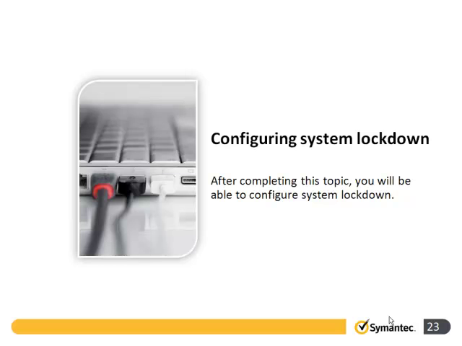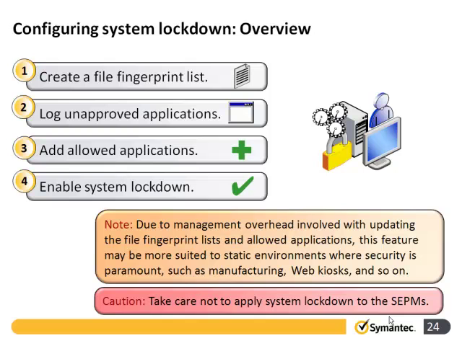So configuring system lockdown. To configure system lockdown, you need to be very defined on which applications are running. If you want to be very specific, you'd want to create a file fingerprint list that is detailing the exact version and file type. You could then log unapproved applications and then add the allowed applications, therefore making a whitelist.